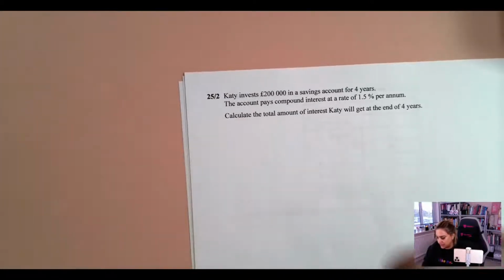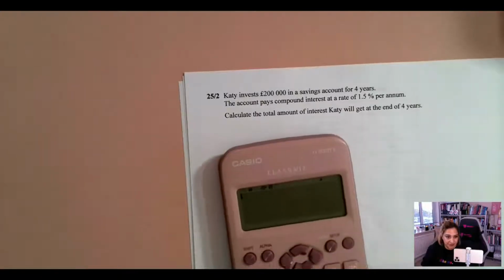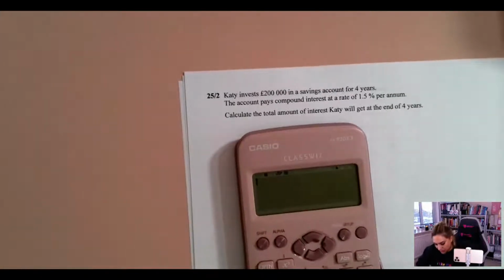So when I do that, I've done that right? Yep. 2,200, okay, I didn't type in my calculator right. Sorry, let's do that again. So we're going to do 200,000 times 100 plus 1.5, shift percent, and all of that is to the power of 4 years.